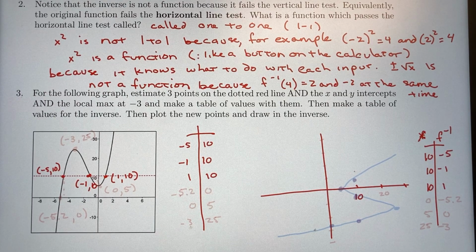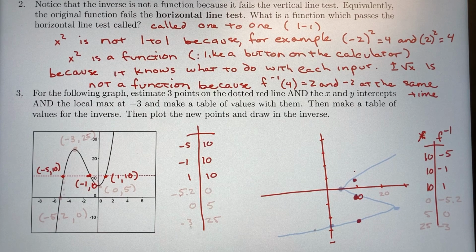Okay, so at 10, we have, let's see, let's make it go 2, 4, 6, 8. Okay, 10, -5, 10, -1, and 10, 1. But it doesn't make it very easy to tell anything except that a horizontal line got turned into a vertical line. So let's plot a few more points so that we can see which way things are going.